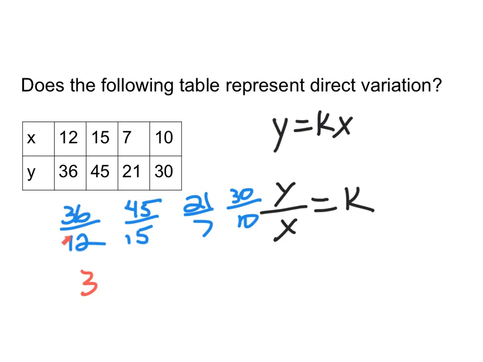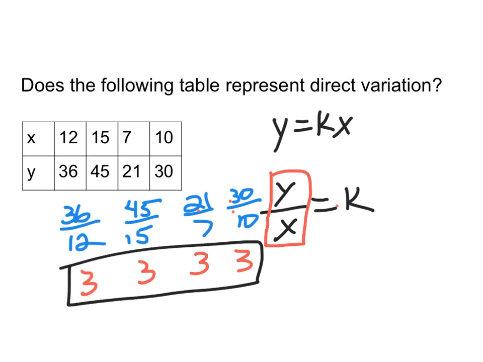Because 36 divided by 12 is 3, 45 divided by 15 is 3, 21 divided by 7 is 3, and 30 divided by 10 is also 3. Okay, so because y divided by x equals k, the constant rate of change for this example was 3. The k was 3. Every one of these fractions, y divided by x, equals the constant rate of change of 3. All right.